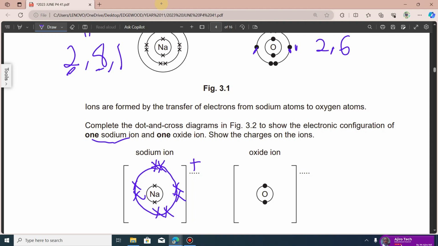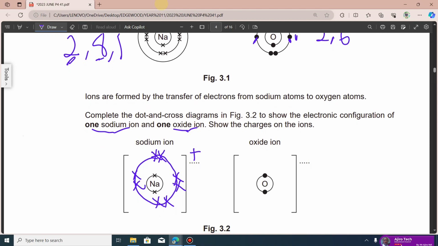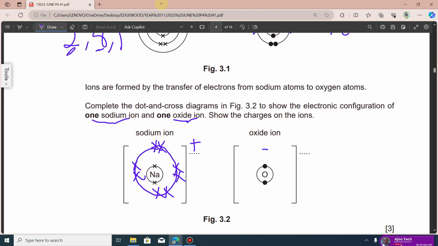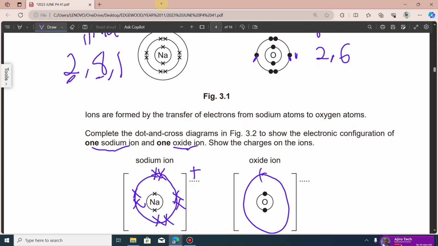Now, the next thing is to draw that of 1 oxide ion. Now, the oxide ion that has received electrons, remember we said earlier that there are 2 spaces available. So we are going to see something like this. Okay, let's draw this well, so we draw the circle properly. And then remember that we look at the previous diagram. There are 2 bonded electrons here.